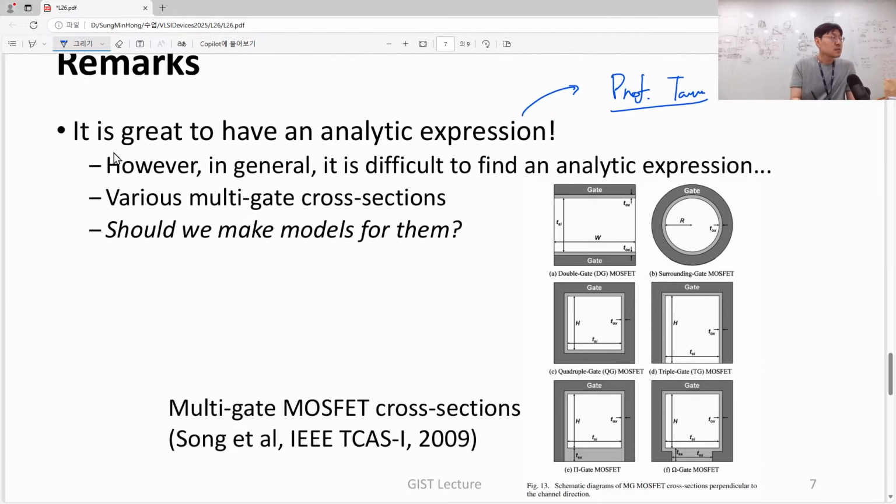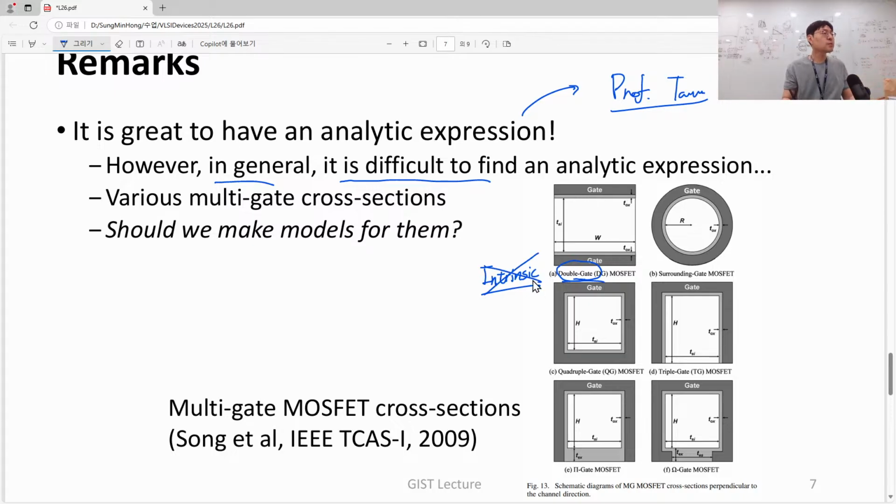So in general, it is difficult to find analytic expressions. What researchers did in previous years is, okay, intrinsic means without any doping density, so for the intrinsic double gate MOSFET, we have the analytic expression.